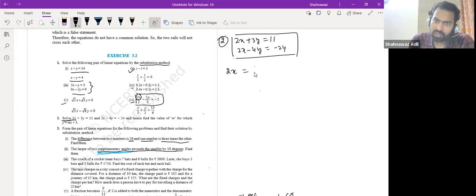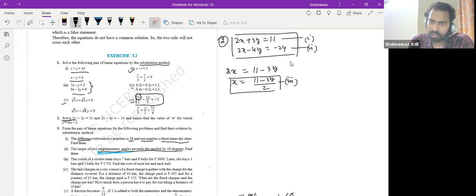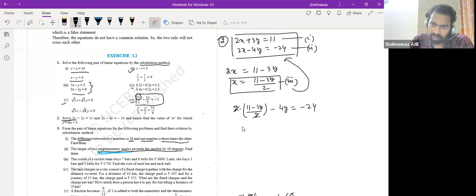So 2x is 11 minus 3y. So x will be equal to 11 minus 3y by 2. This is the third equation. Now let us put back this value of x in the second equation. So 2 into 11 minus 3y by 2 minus 4y equal to minus 20. So cancel and we have 11 minus 3y minus 4y equal to minus 20.